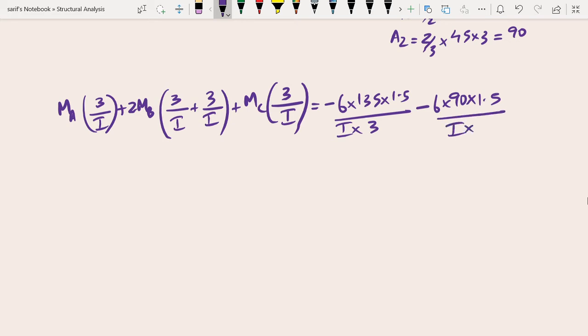So here this term would be 0 and this term also would be 0.